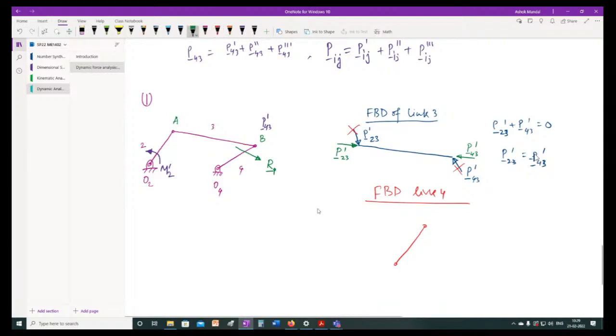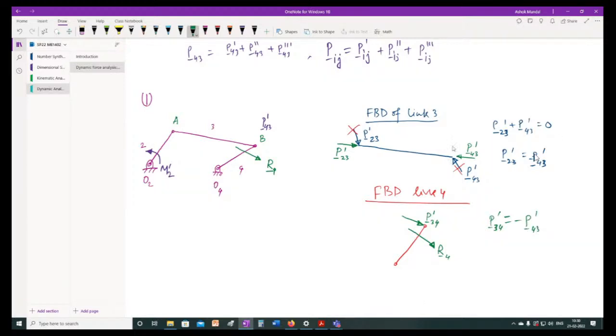It is under the action of this force R4, and there is a force exerted by link 3, which is called P341, which is along this direction, because P341 is just the opposite of P431.